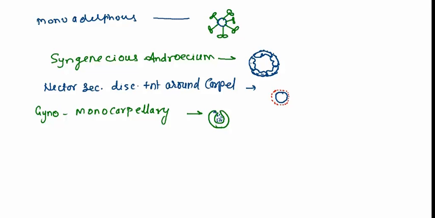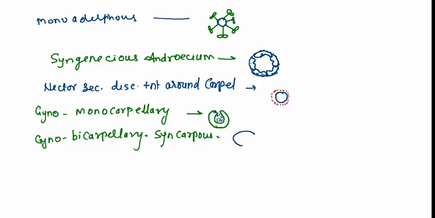Next, if the gynoecium has bicarpellary ovary, and the ovary is syncarpous, that is, ovary is fused, then in such condition the diagram is like this. This is a gynoecium, and this diagram shows the bicarpellary ovary fused.